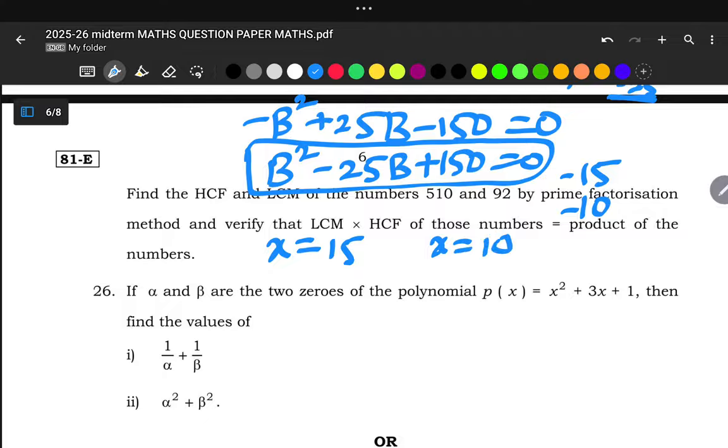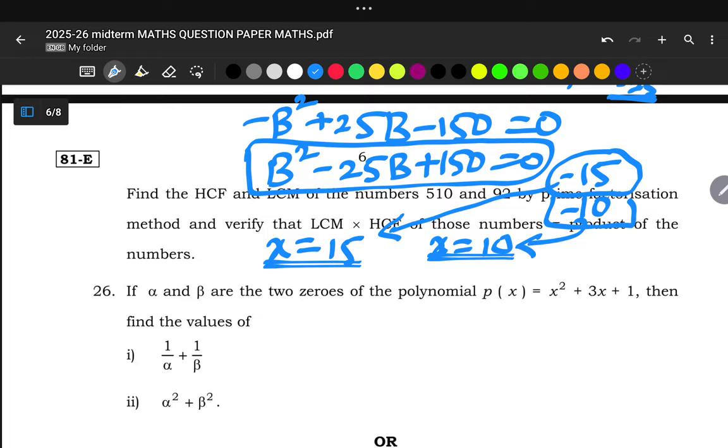Directly you have to write the solutions of the quadratic equation like this: when you get two numbers, just by changing the sign you write the solutions. One value is minus 15, that is x equals 15, and the second value is minus 10, that is x equals 10. Just change the sign of these numbers.